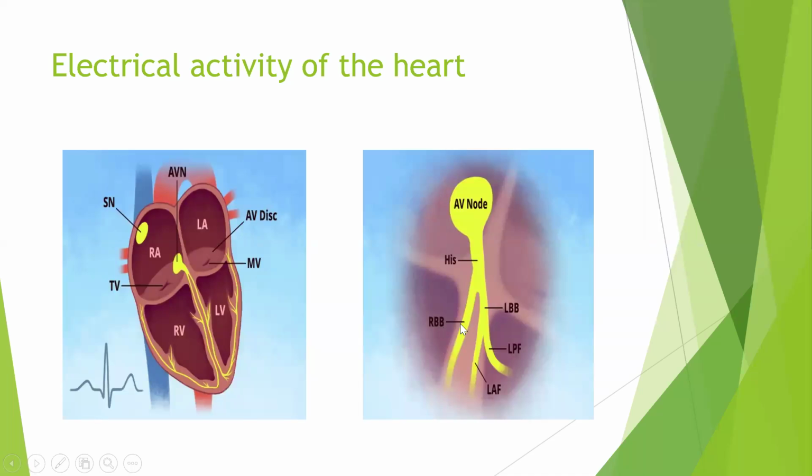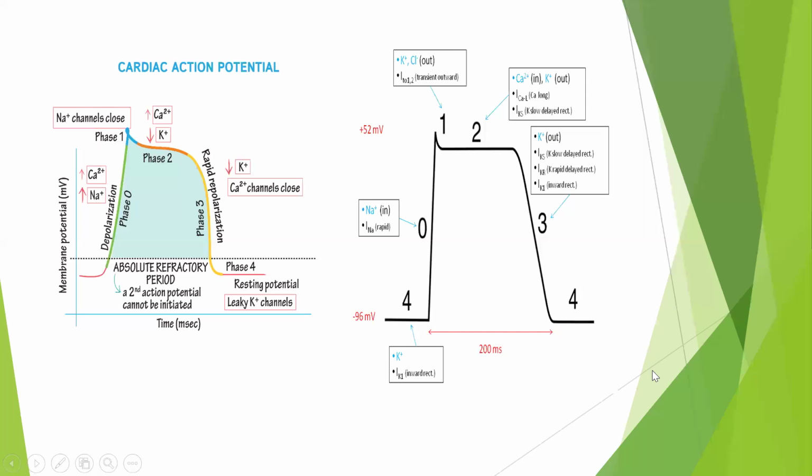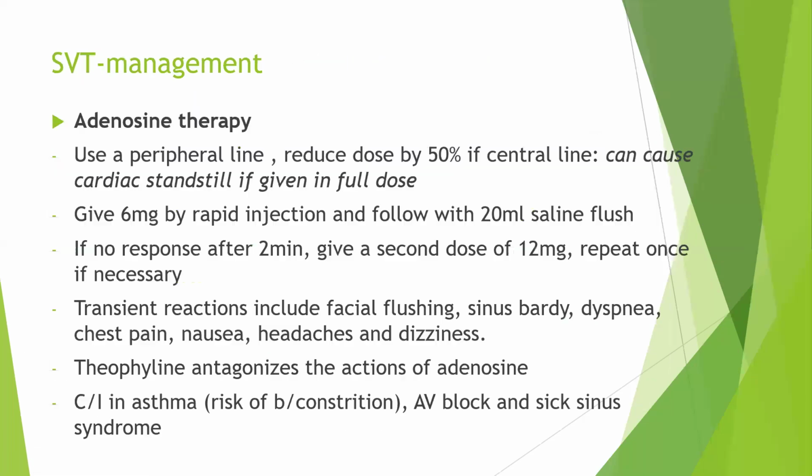So when there is abnormality with conduction of electrical impulses from the bundle of His, all right, we can have a right bundle branch block or a left bundle branch block. All right, we'll come back to this again as we go to hemiblock.